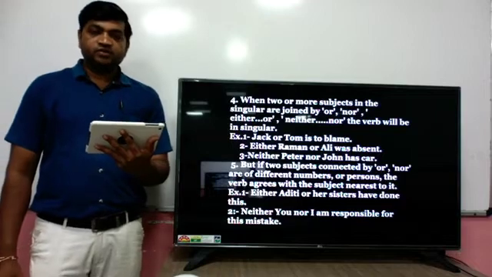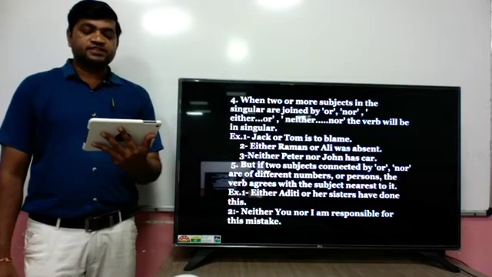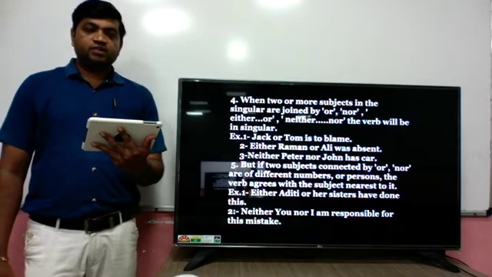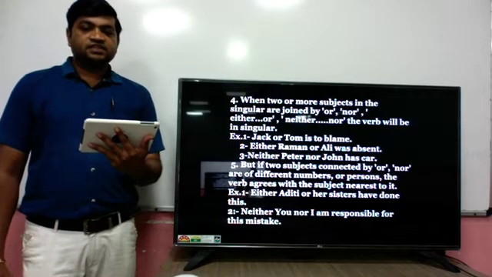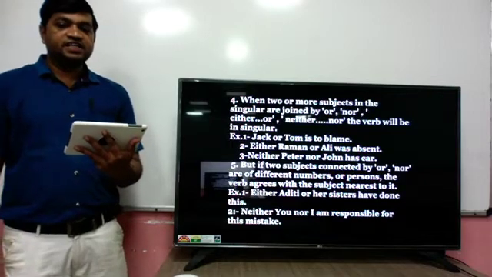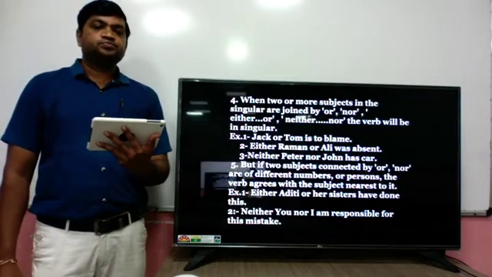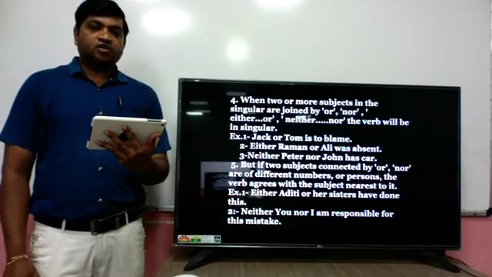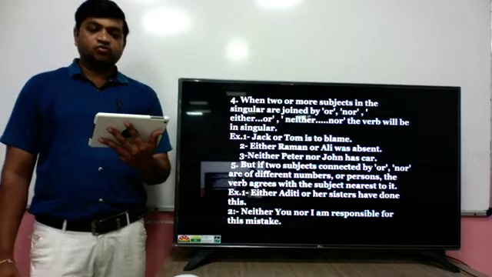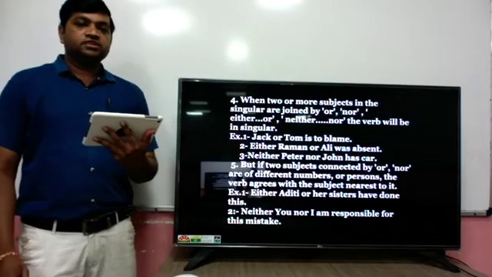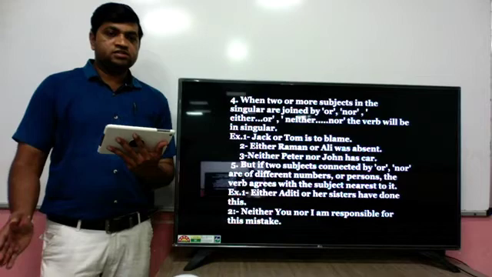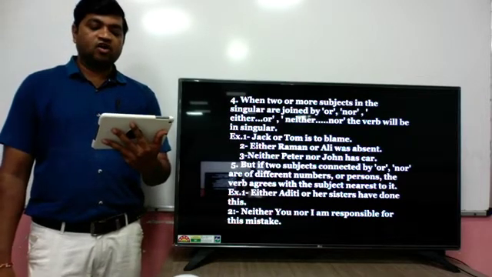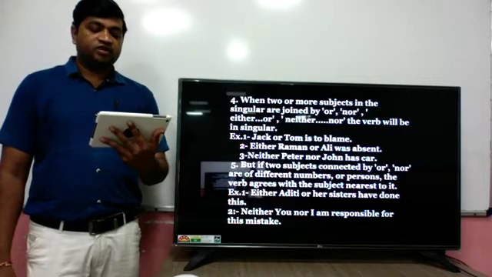Now next, fifth rule: if two subjects connected by "or" or "nor" are of different numbers or persons, the verb agrees with the subject nearest to it. When "neither nor" or "either or" is used in the sentence, we have to see the nearest subject, which is followed by the verb. For example, either Aditi or her sisters have done this work.